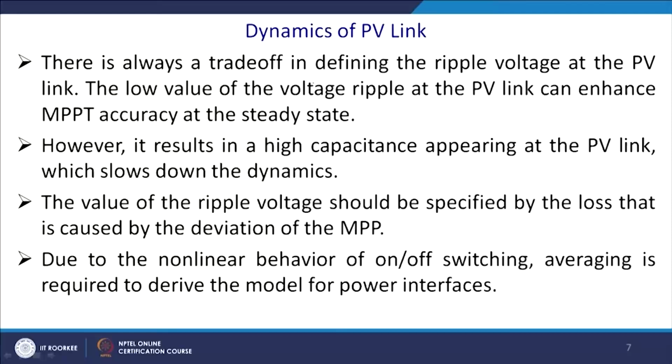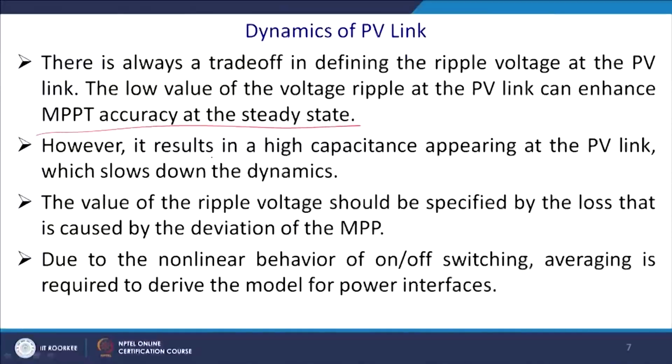So, there is always a trade-off in defining the ripple at the PV link. Lowering the ripple at the PV link can enhance the MPPT accuracy and the steady state operation. However, you definitely require a higher value of capacitor, and this results in a high capacitance appearing at the PV link, which slows down the dynamics.